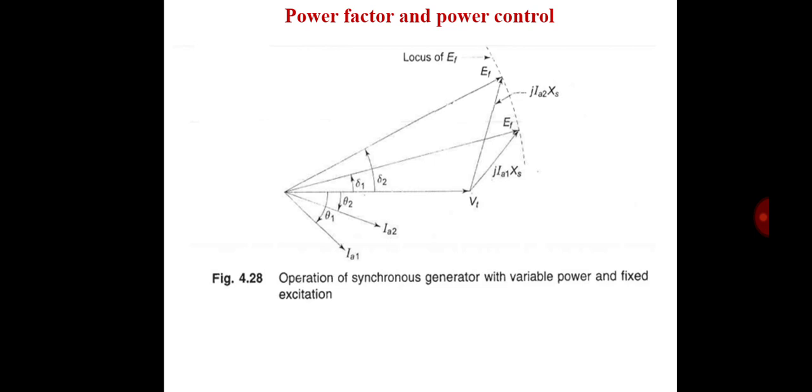Variable power and fixed excitation: here is the operation of a synchronous generator with variable power and fixed excitation. Here we see the value of EF is fixed, that means excitation is fixed, and Vt, the terminal supply voltage, is also fixed, but the current changes.